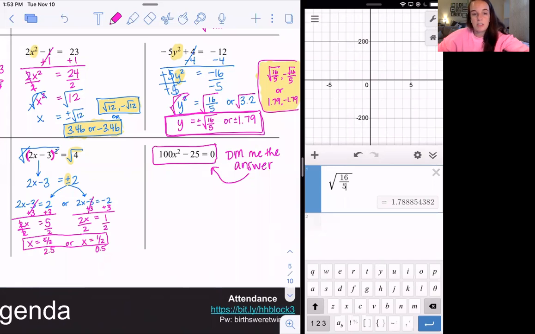I had an amazing question in the chat. It said, do I add 25 on both sides? Yes, you do. Add 25 on both sides.